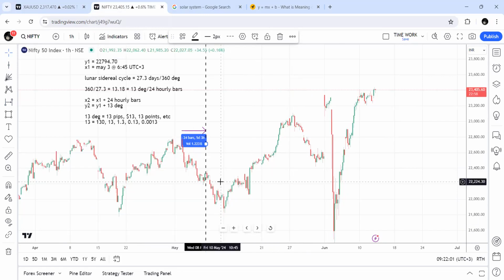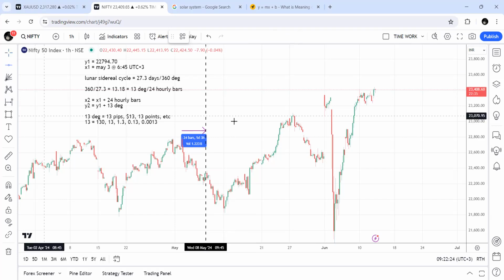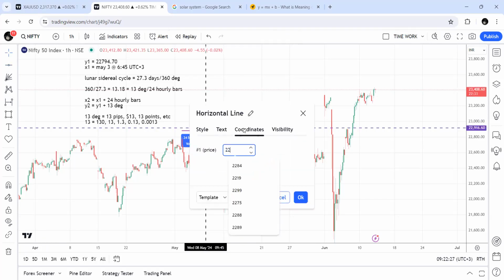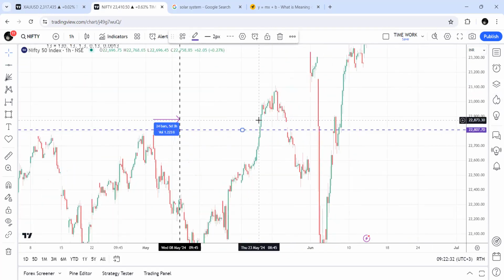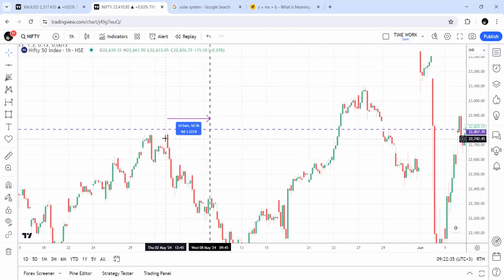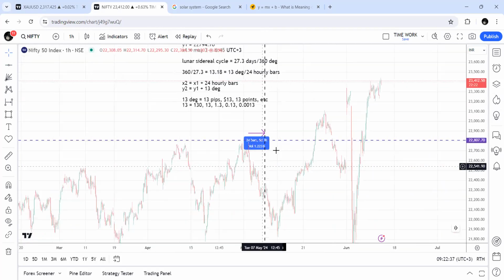24 hourly bars, and now we'll add, so we'll say Y1 22794.7, plus 13, we're gonna do. 22794.7 plus 13 is 22807.7. And I can see, yeah, that's probably way too small.